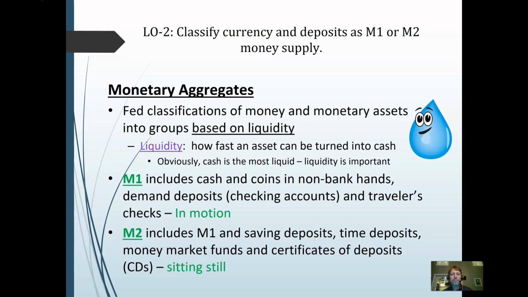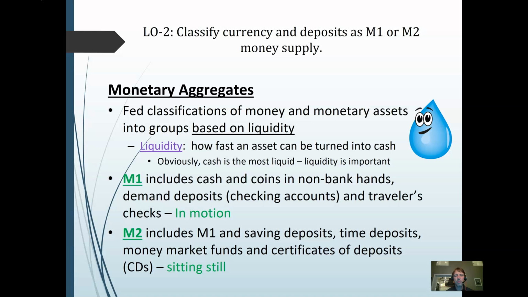M1 includes cash, coins, even if they're digital, on your phone, in your Venmo, etc., and not really in the bank's hands. They're deposited maybe in the bank in the form of a checking account or through traveler's checks, but they're really money that's sitting there waiting to be spent and is in motion. We're using that money pretty regularly.